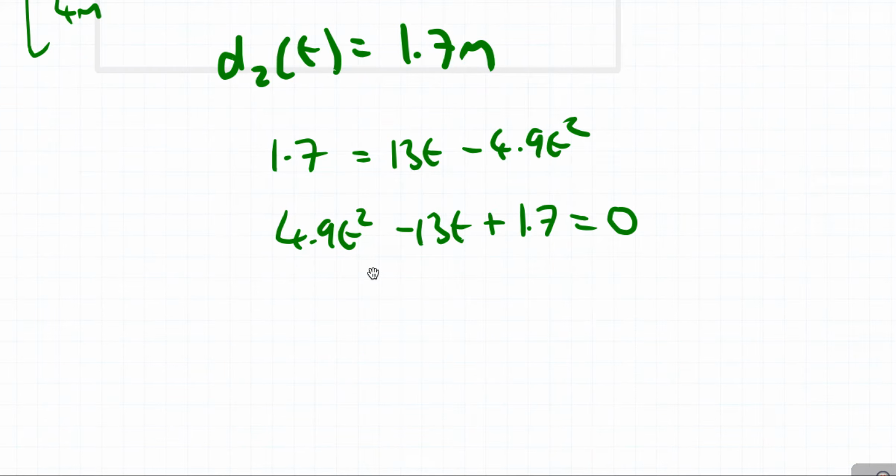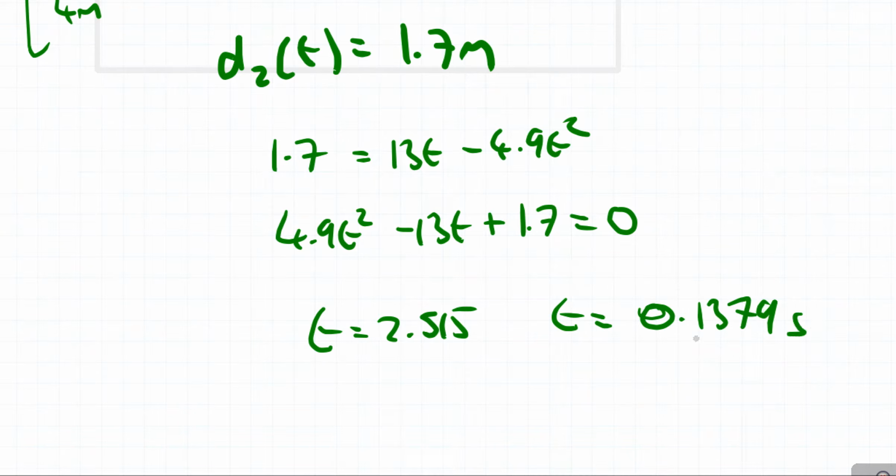Again we plug this into our calculator to solve. We go to equation of functions, polynomial, and then 4.9, minus 13, and 1.7. That gives us t = 2.515 and t = 0.1379.